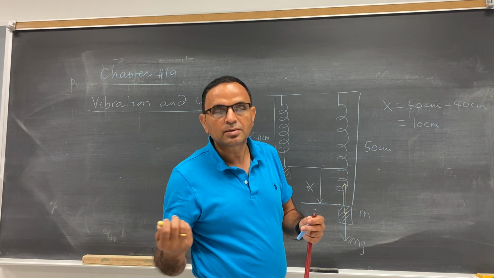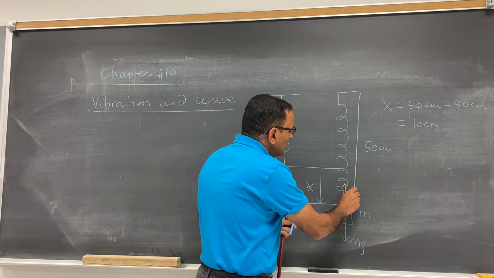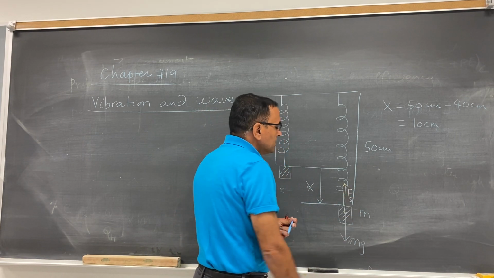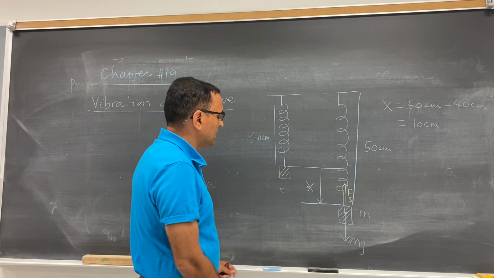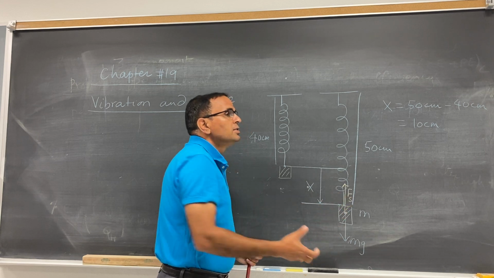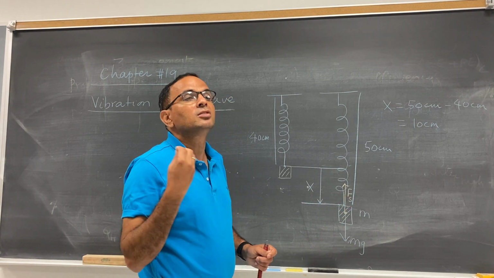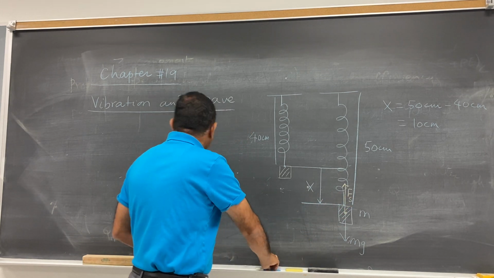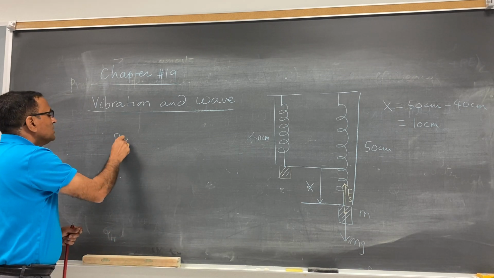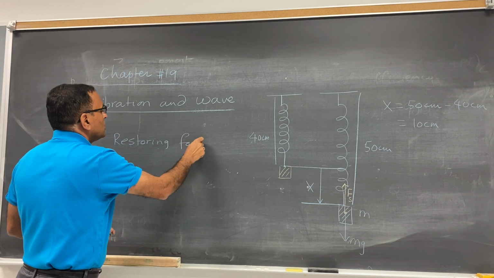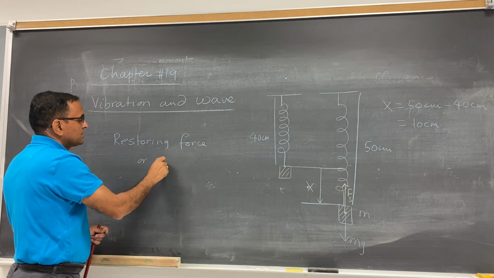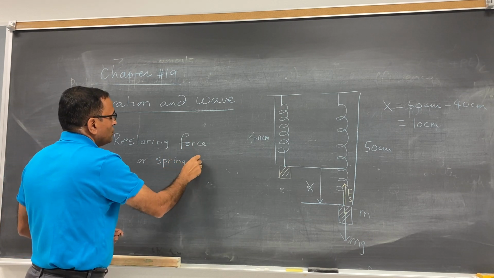If you remove the attached mass, this force, we call spring force Fs. This restoring force and spring force are the same thing. This force restores the spring. That is why we call it the restoring force also, or you can call it spring force. That's the same thing.